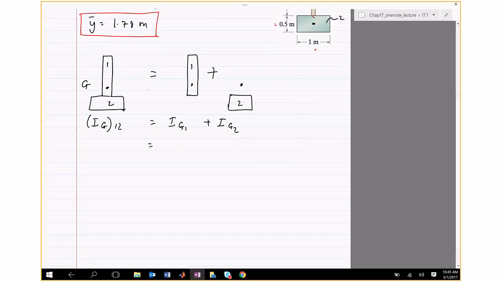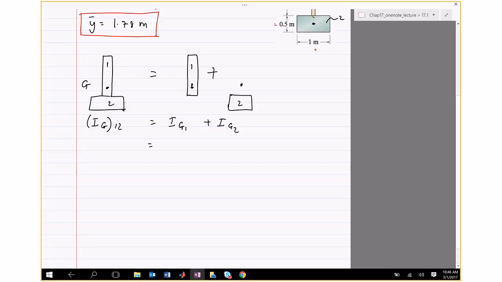So this is a slender rod. We need to find the inertia of the slender rod about an axis passing through G, so the axis sticks out like this and passes through G. But in the table, there's not going to be a value for the inertia passing through G as it is shown here. G is not the center of mass of the slender rod.